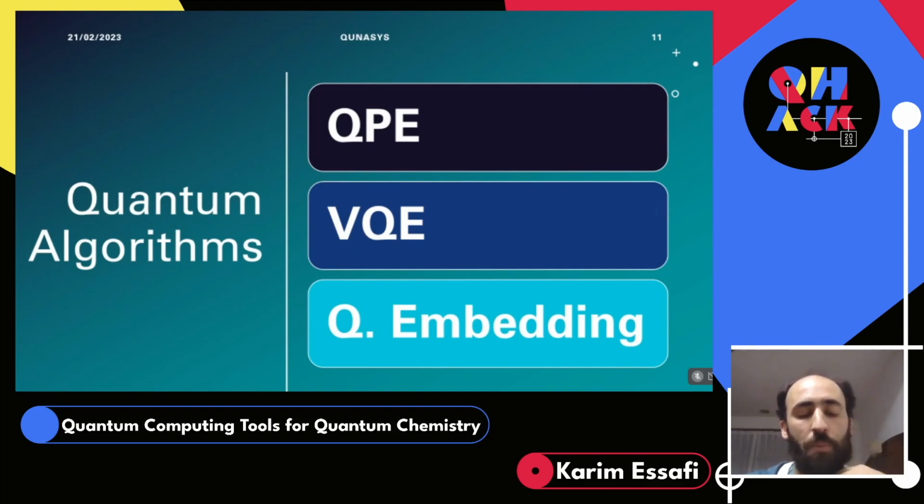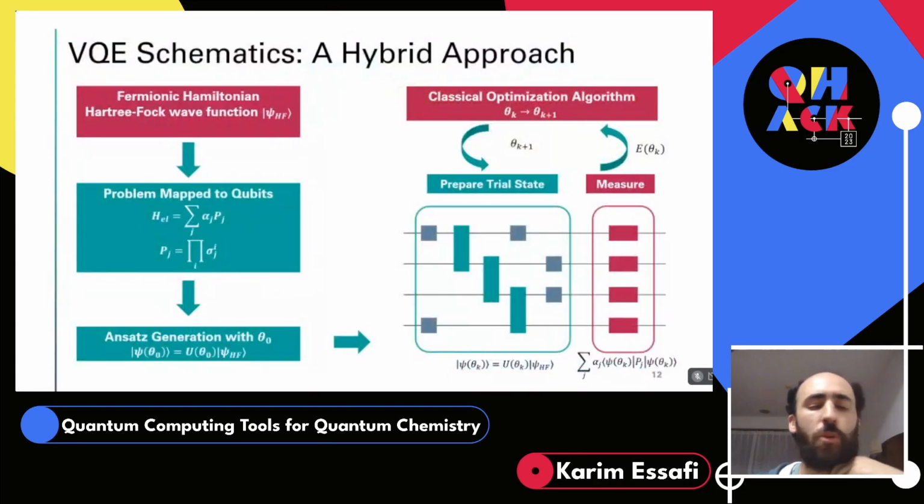But I'm mostly going to talk about VQE families of approaches, because otherwise this talk would be a bit too long. For those of you that don't know what VQE is, it is a hybrid approach in which you do part of the computation on a quantum computer and the other part on a classical computer. We start with a fermionic Hamiltonian, and then you find the Hartree-Fock wave function. Then you map this problem onto qubits, and generate an ansatz with some parameters theta that you can write in this form, and then write it as a series of gates.